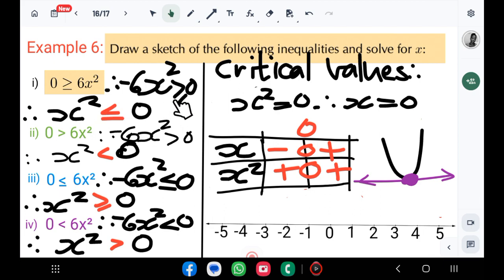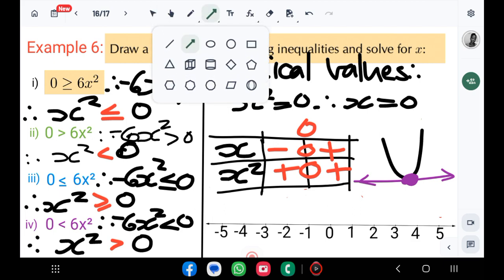The first one, we're looking for a situation where this is either negative or equal to 0. Where is it negative? f of x is never negative anyway. But there is a point where it is equal to 0, and that is when x is equal to 0. So on a number line, this is how it would look.